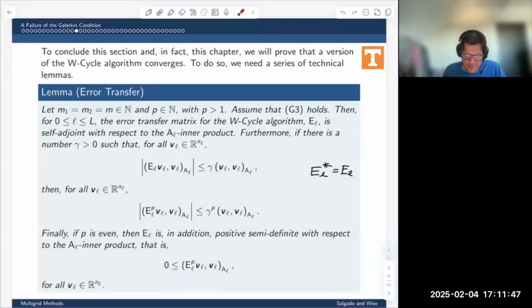It's precisely because EL is self-adjoint with respect to the AL inner product. Then I can take half of it from here and move it over to here, and since you're in the AL inner product, I have the same thing appearing here as I have over here, and so that object, because of the properties of the inner product, always has to be greater than or equal to 0.